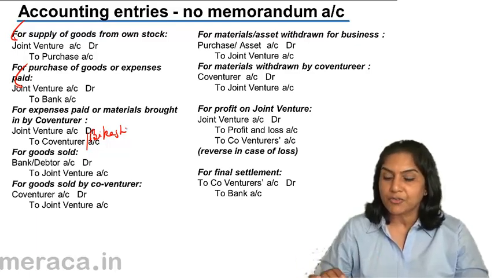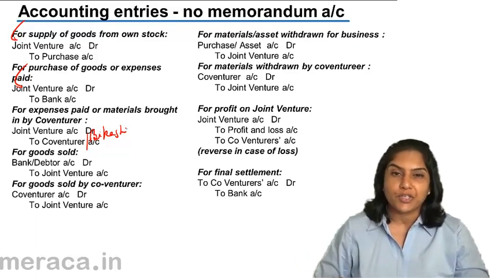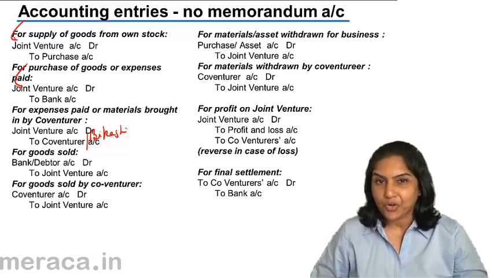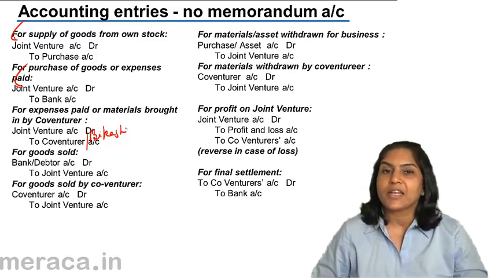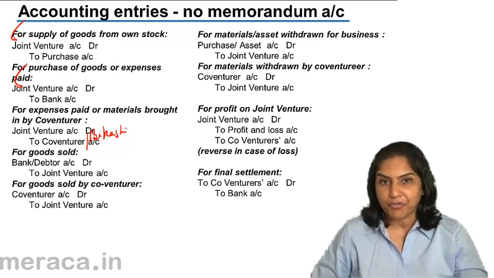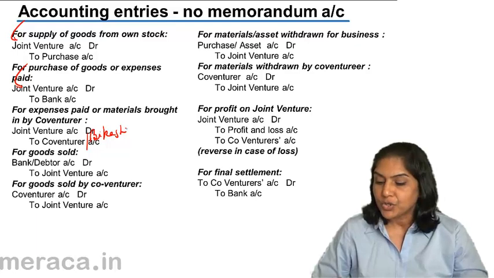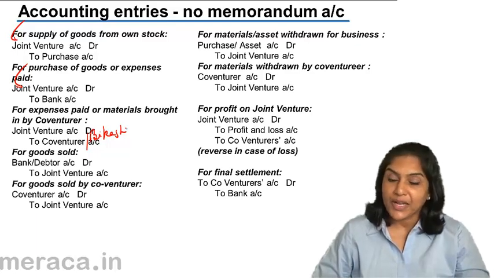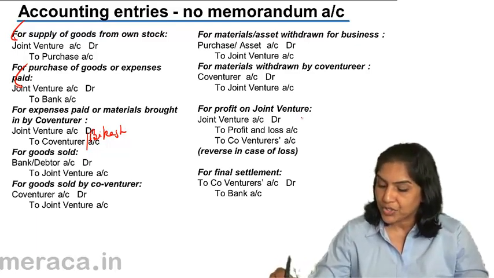After passing of these entries, the joint venture account would reveal the profit or loss. When it's a credit balance, the joint venture account would indicate a profit and we would close the account: joint venture account debit to profit and loss account, to co-venturer's account.